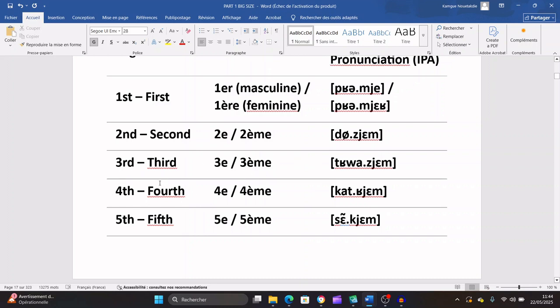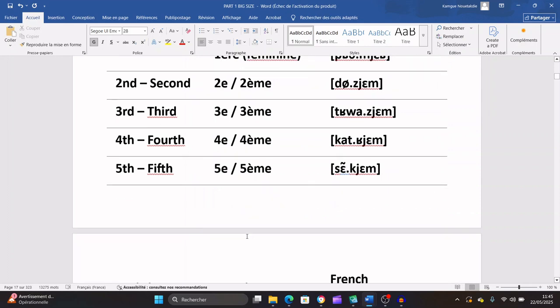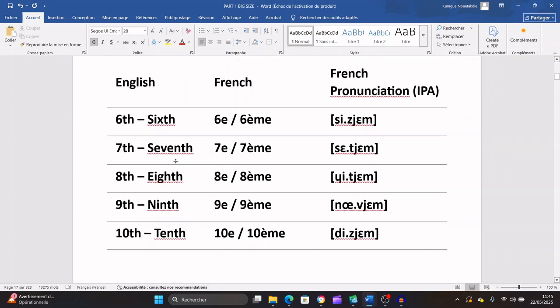Fourth. Quatrième. Fifth. Cinquième. Sixth.